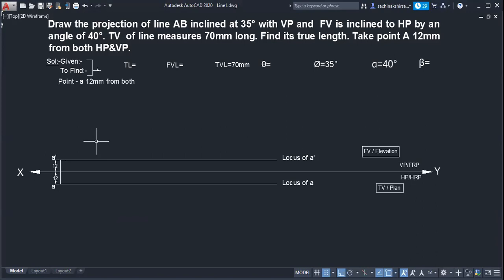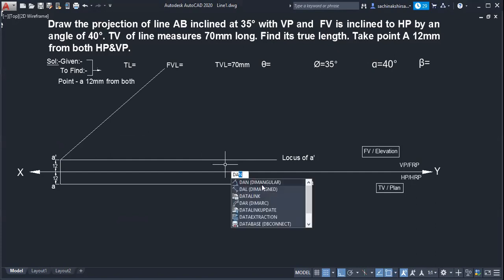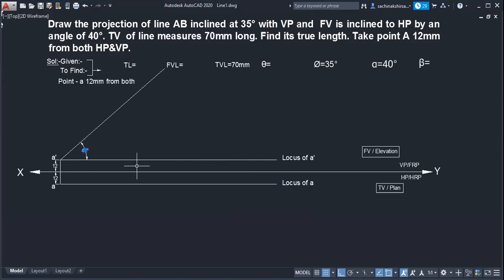Okay, so here I will take an angle of 40 degrees. I have taken an angle of 40 degrees. I will give a name. Which is this angle?